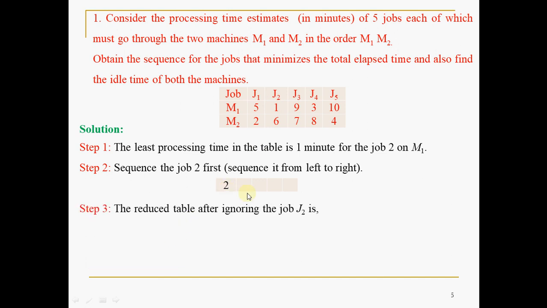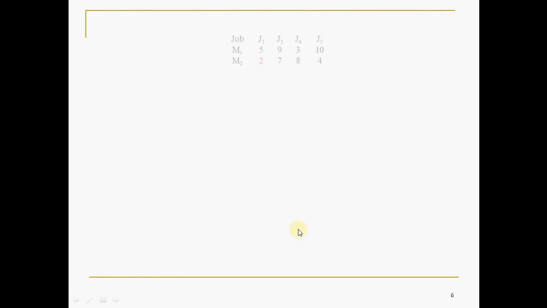Now we write the reduced table ignoring the sequenced job, that is deleting the J2 column. This is the reduced table after ignoring job 2.